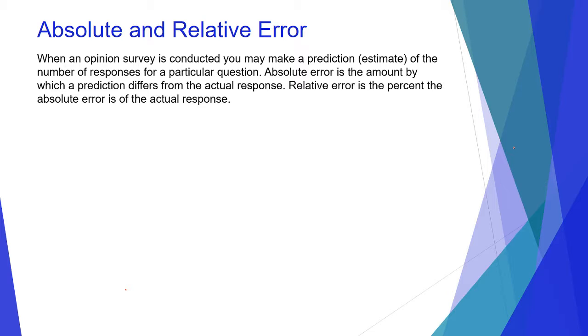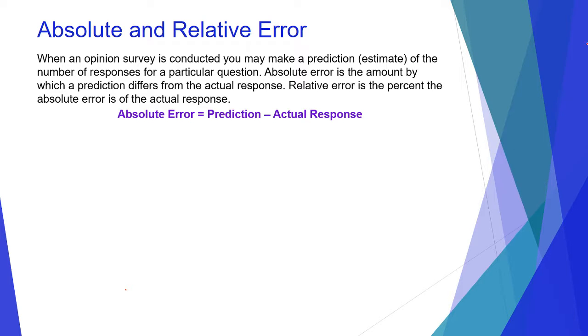Relative error is the percent the absolute error is of the actual response. So that's a percentage. We would do 20 because that was the difference, and we would divide that by 80 because only 80 people actually said 5, for example.